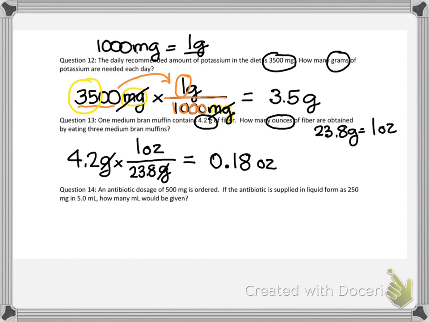I'll write it down here so you can check yourself. 6.4, and it kept going. But I rounded it to 2 significant figures. And then remember, I ate 3 bran muffins, so I would have to multiply this number by 3. And I would get 0.529, so 0.53 ounces.